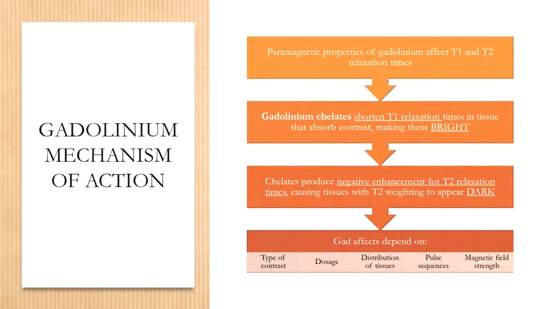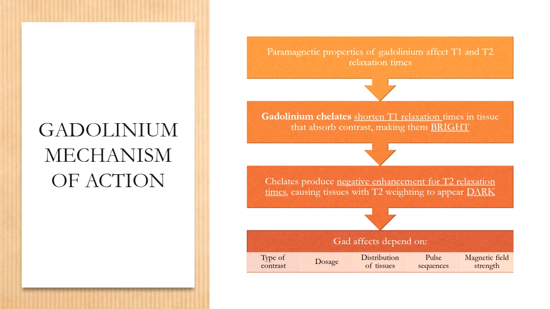The effects of gadolinium all depend on different things, such as the type of contrast that we're injecting. Is it linear? Is it macrocyclic? Are we injecting it as a single dose, a double dose or a triple dose? How is it distributing within the tissue? Is there a higher concentration in certain types of tissue versus other types, and how does that affect the enhancement? What type of pulse sequences are we using?